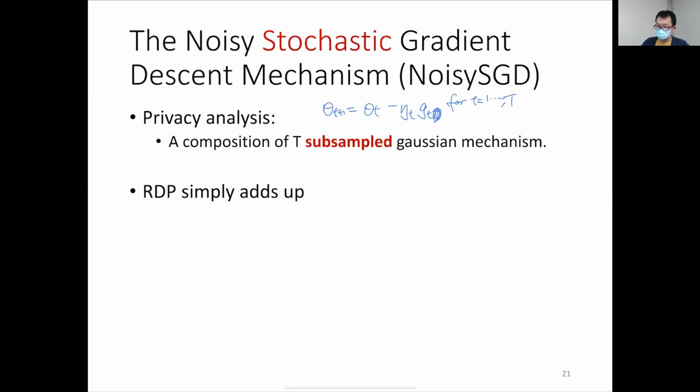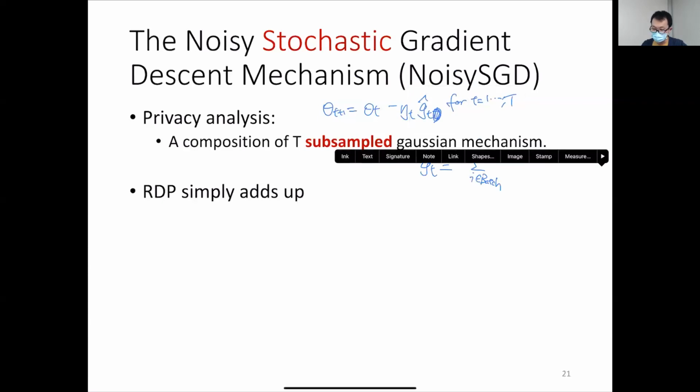Let's include this noise in the G_t definition itself. So what is this G_t hat? It is equal to, first of all, the sum over all the data points that got chosen in this random mini batch.